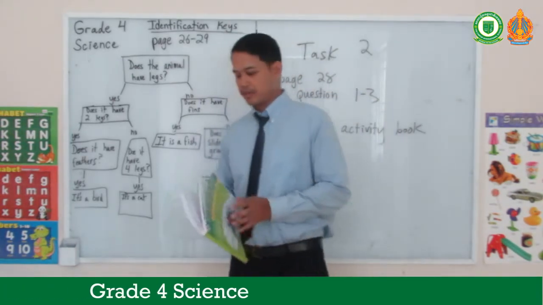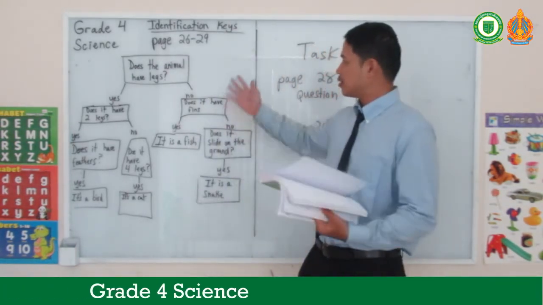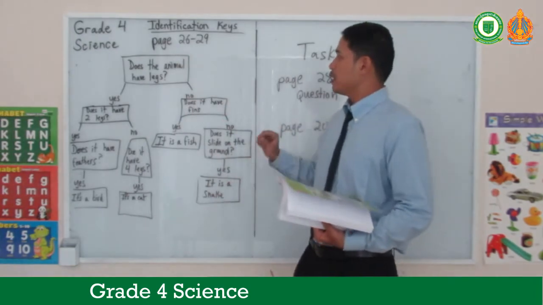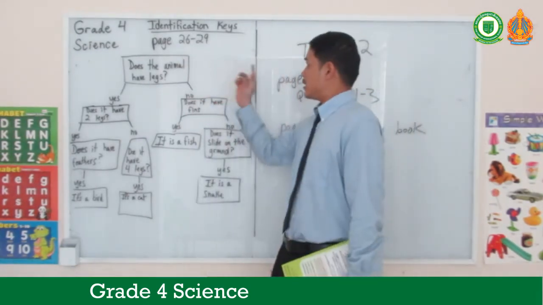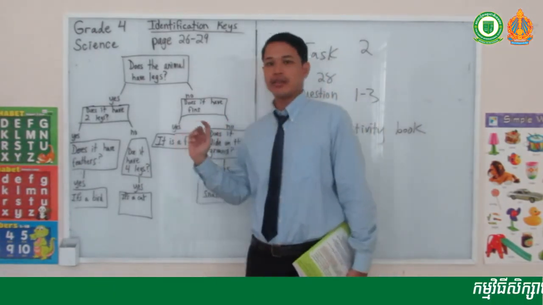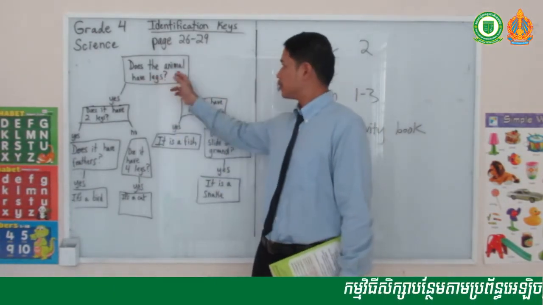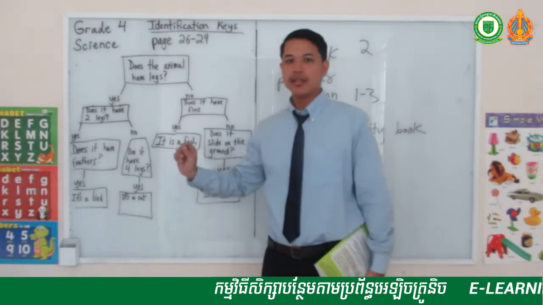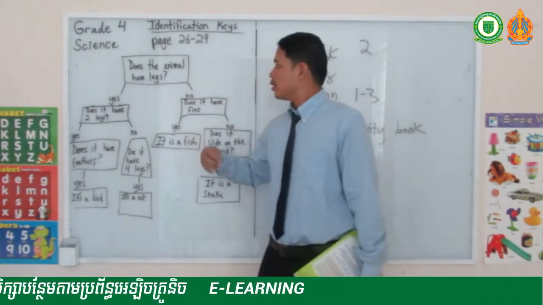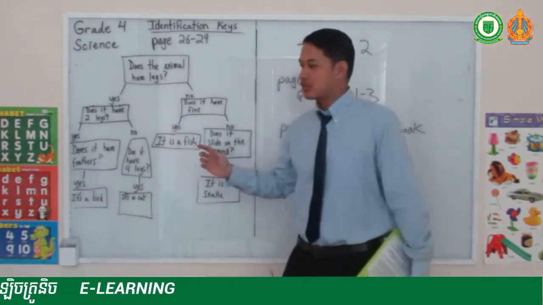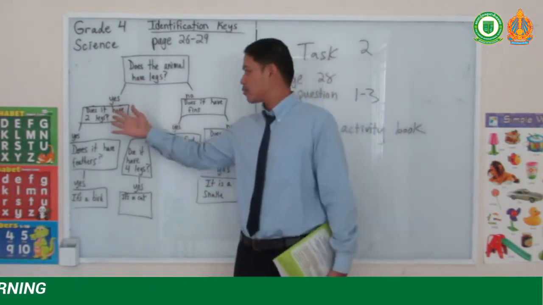Remember our lesson, identification keys. It will look like this. Try to remember, in an identification key, you ask a question, and then yes or no. If you answer yes to the question, you may have another question or not.